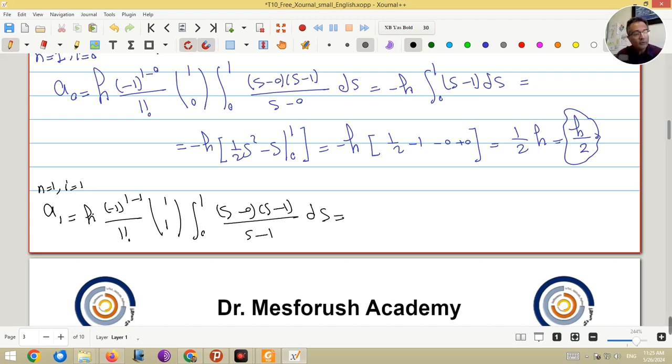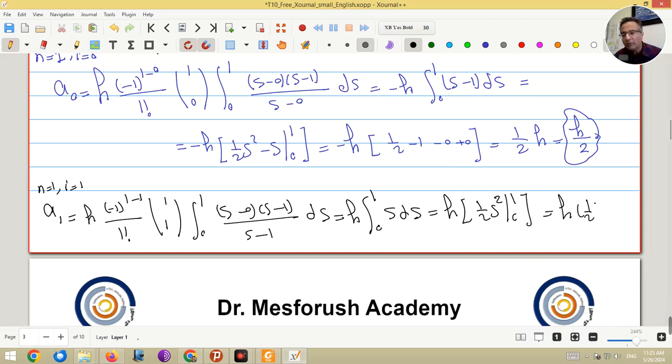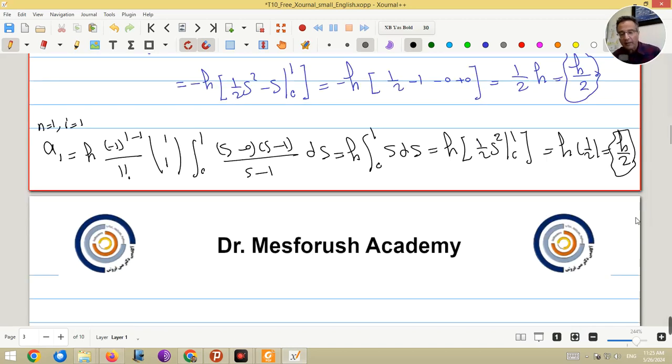If you compute here, this is h. Just keep it. Integral from 0 to 1, cancel these two, and this is s ds, this is h times s squared over 2 from 0 to 1, and this is h times half, this is h over 2. And also keep it in your mind.